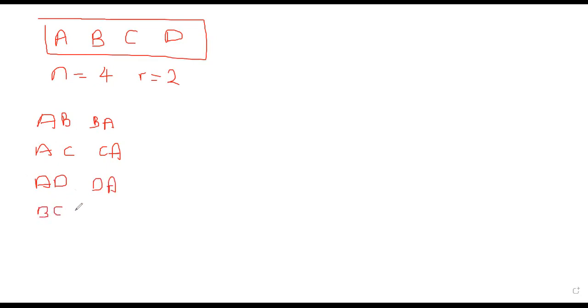BC and CB. We have BD and DB. And finally, we have CD and DC. I've paired them. So in total, 1, 2, 3, 4, 5, 6 times 2, which is 12.